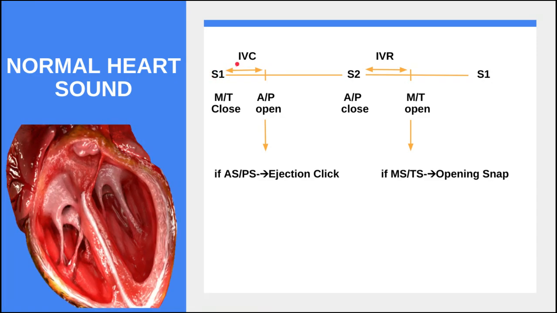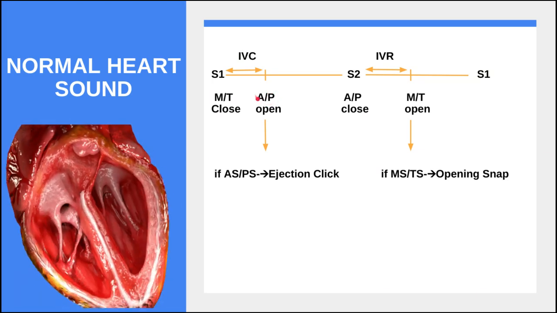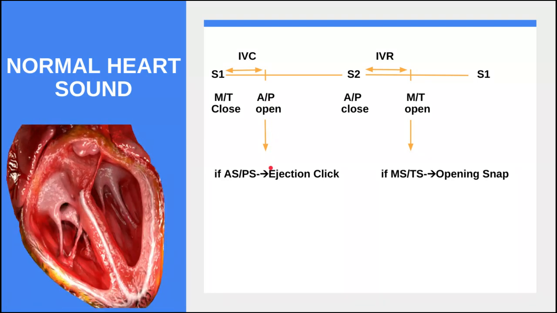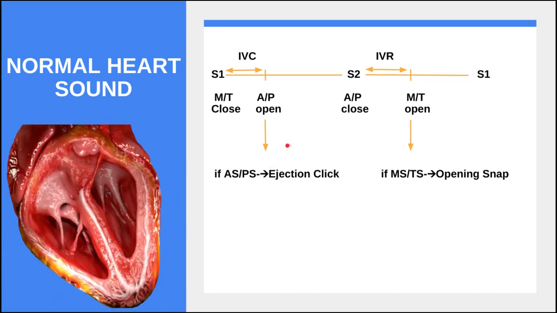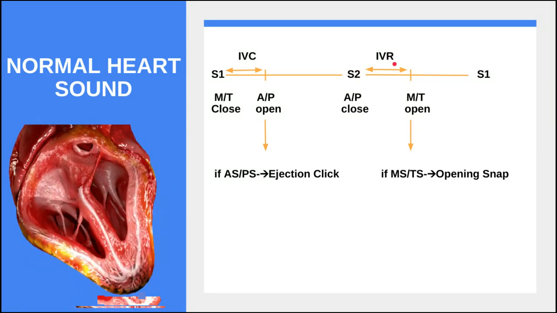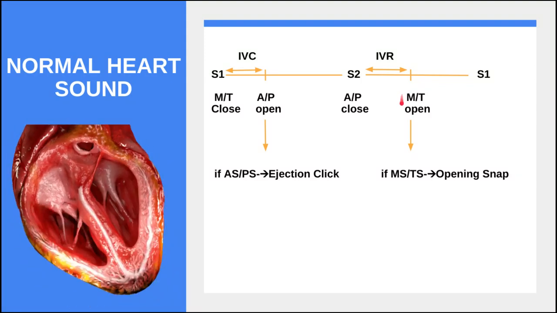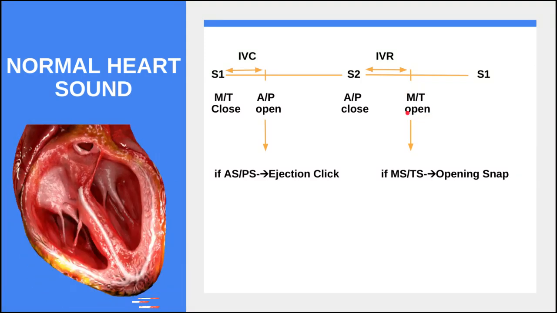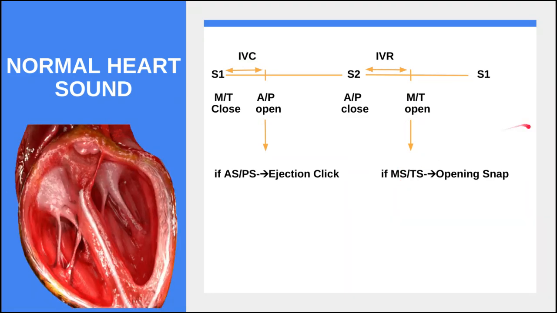S1 is followed by the isovolumetric contraction phase, and after that the aortic and pulmonary valves open, and if aortic stenosis or pulmonary stenosis is present, an ejection click will be heard. Similarly, S2 is followed by isovolumetric relaxation, and after that the mitral and tricuspid valves open, and if mitral stenosis or tricuspid stenosis is present, then an opening snap will be heard.